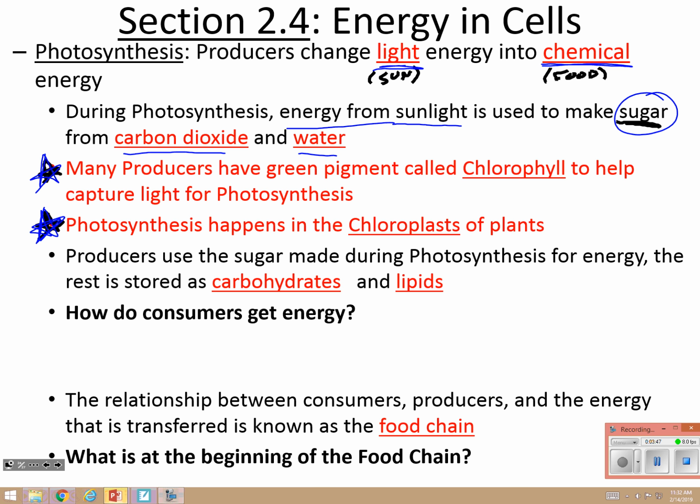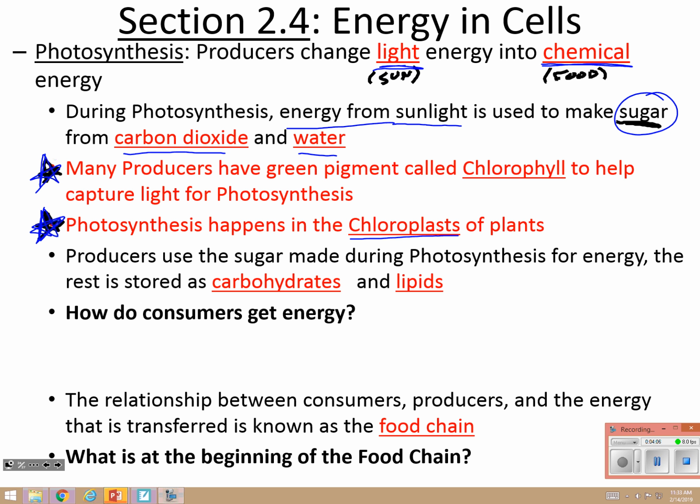Now, many producers have a green pigment called chlorophyll. Chlorophyll, remember, is the green stuff. That's what makes plants green. Chlorophyll is found in the chloroplasts of plants. Remember, the chloroplast is one of the organelles we talked about last chapter that plants have that animals don't.